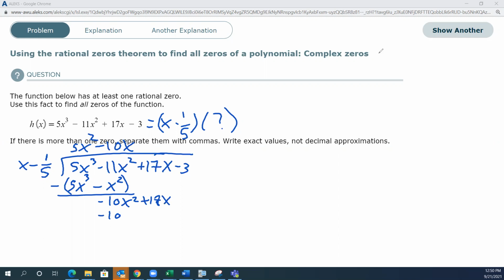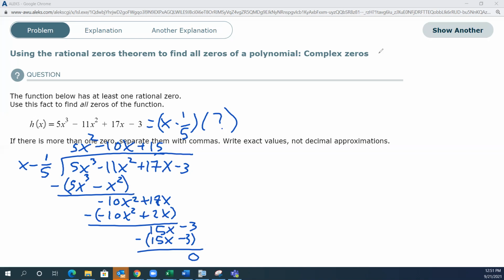So I'll get minus 10x squared. 5s will cancel, and I get a plus and a 2x. I subtract, and I get 15x, bring down the -3, multiply by a positive 15, get 15x minus 3. And I do get the remainder of 0, so I know I'm doing it okay.